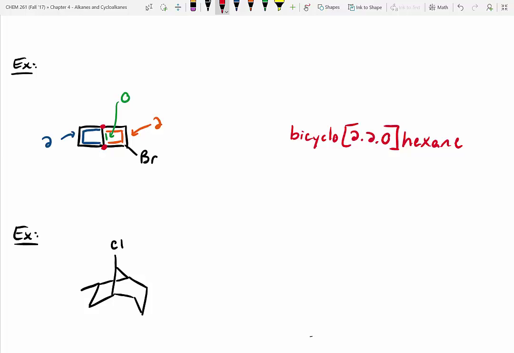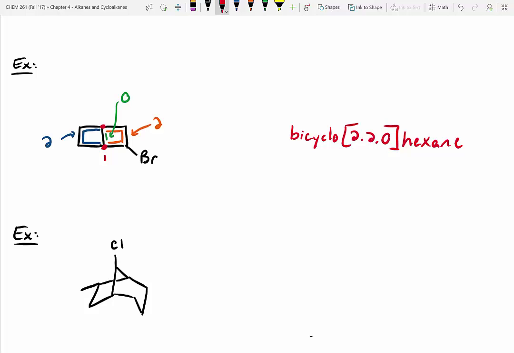But now we need to identify that bromine and identify which position it comes off of. The first thing you need to do is number so that a bridgehead is always at position 1. So I'm going to pick this bridgehead. And then what you want to do is number going around the largest bridge. In this case, we've got a tie between 2 and 2, but we want that bromine to be at the lowest possible position.